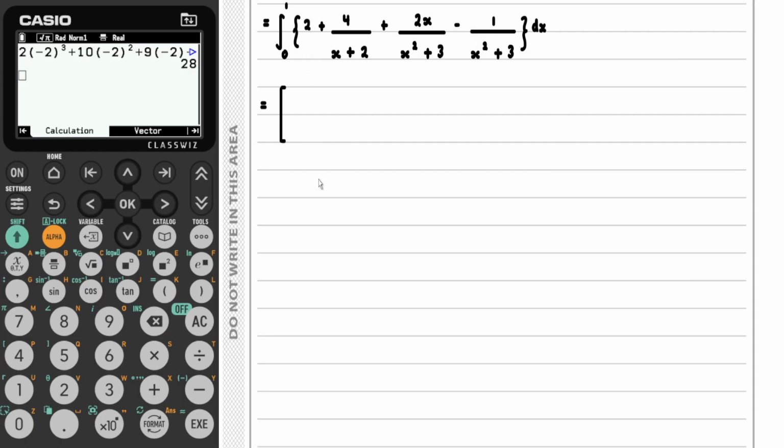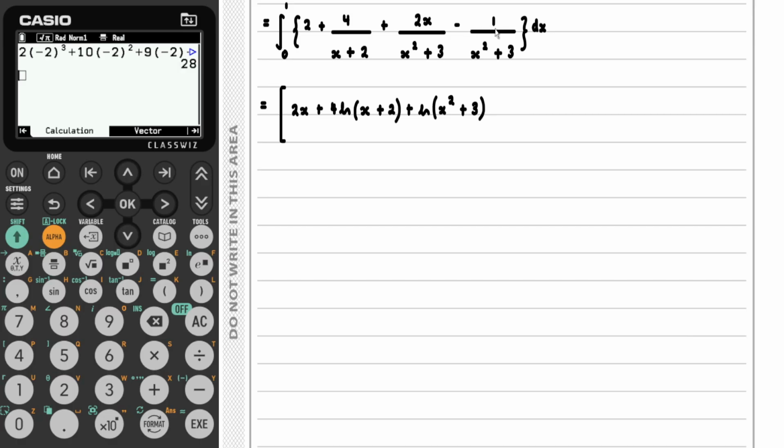So integrating 2, we end up with 2x. Integrating 4 over x + 2, we end up with 4 times the natural log of x + 2. And here, 2x over x² + 3, you'll notice the derivative of the denominator is on the numerator, and so integrating 2x over x² + 3 will be the natural log of x² + 3.